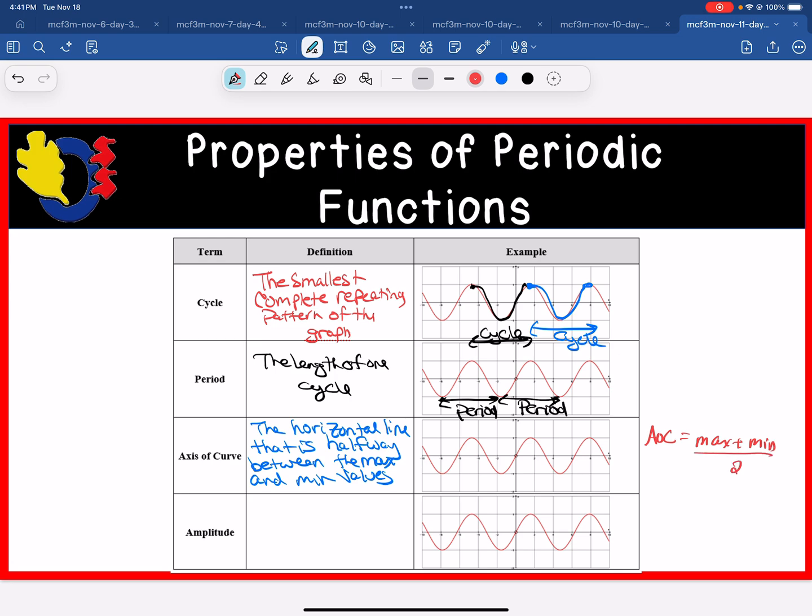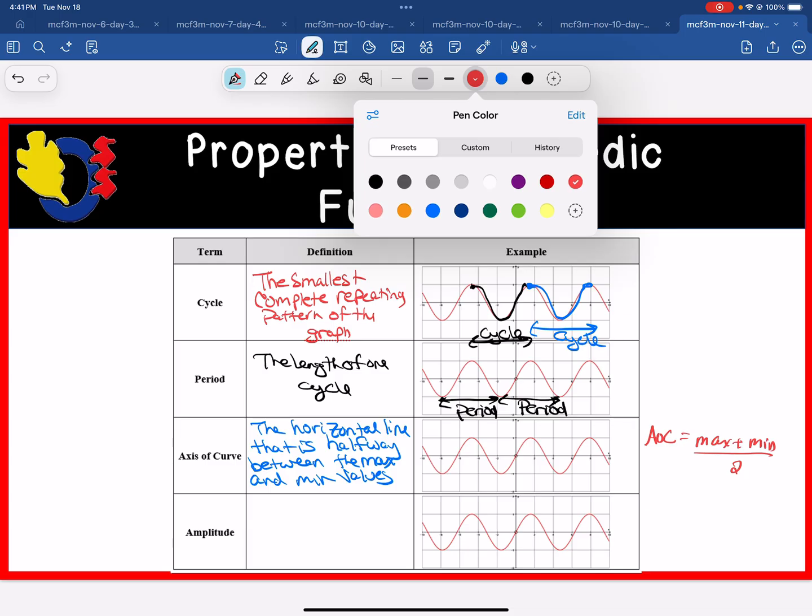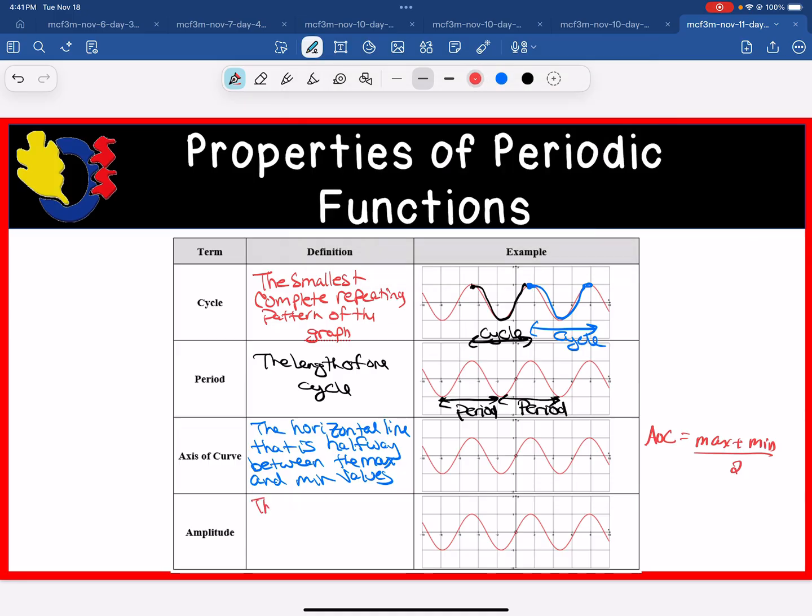Okay, next definition is amplitude. The amplitude is the magnitude of the vertical distance from the AOC to either the max or the min.